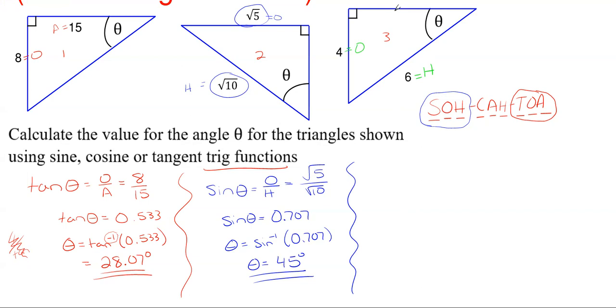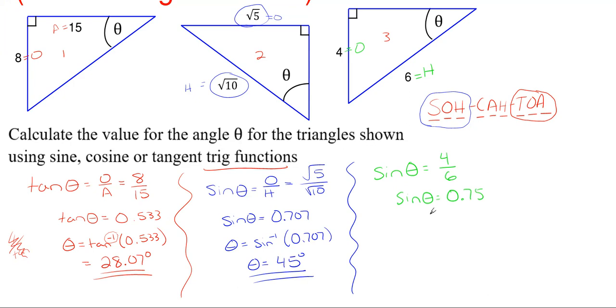So we have to determine what that angle is, once again, using sine. So sine of theta is equal to our opposite of 4 over 6, which 4 divided by 6 gives us 0.75.